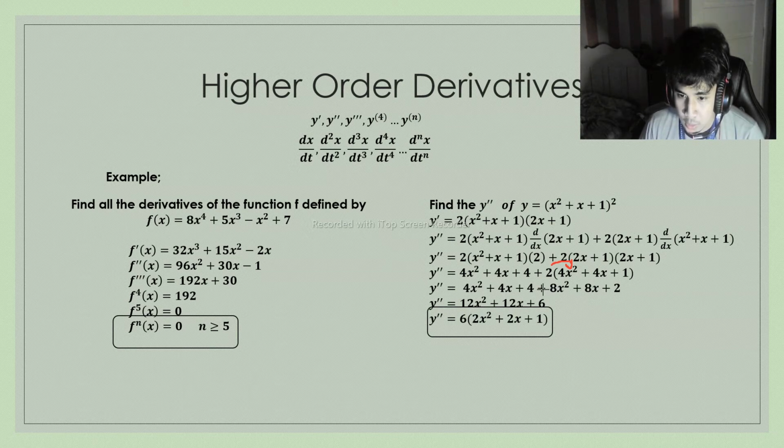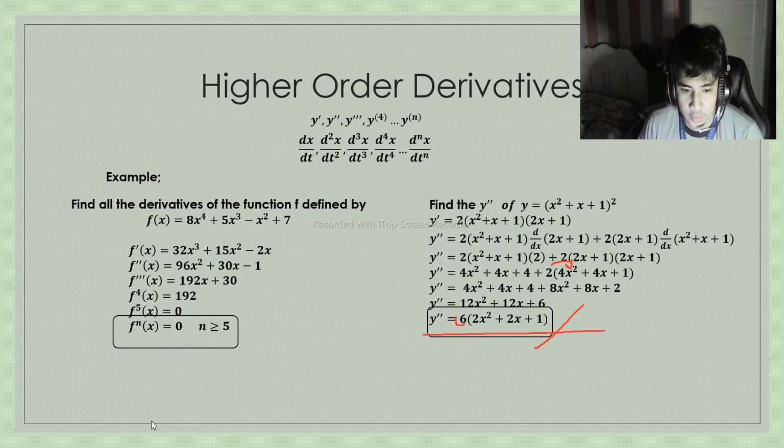So, 2 plus 4 is equal to 6. 4x squared plus 8x squared is equal to 12x squared. 4x plus 8x is equal to 12x. So, we can factor out 6. Factorable yung 12x squared plus 12x plus 6. Pwede natin ilabas yung 6. So, ang final answer ay 6 quantity 2x squared plus 2x plus 1.